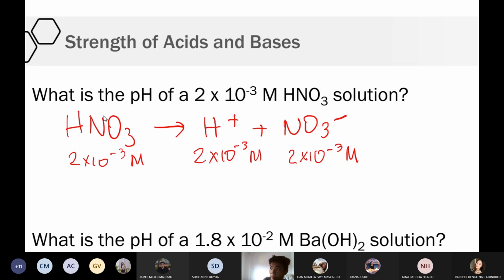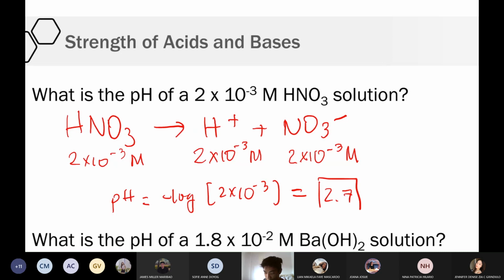Okay? Ayan. So since we already know the concentration of H plus by stoichiometry, then we can solve for pH. That's negative log of 2 times 10 raised to negative 3. So ang pH niya ay 2.69 or 2.7 yung pH ng solution na yan.